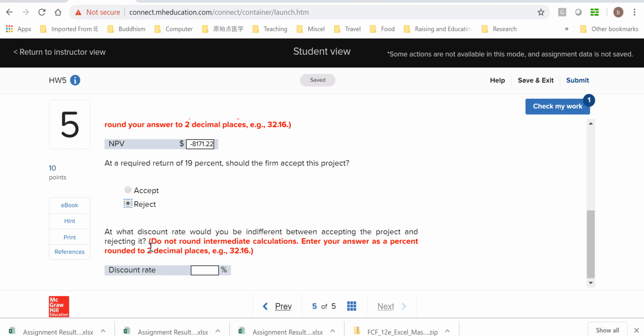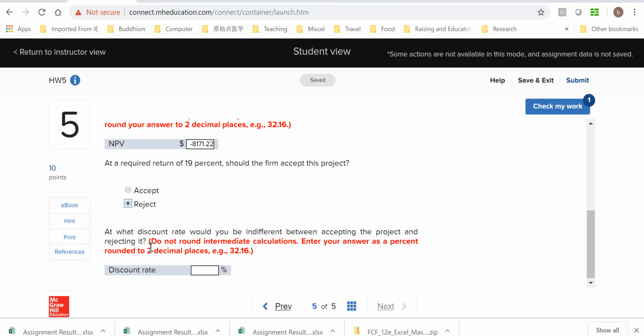If a firm is indifferent between accepting and rejecting a project, in terms of NPV, what does that say about the value of NPV? If NPV is positive, then the firm should accept this project. And if NPV is negative, then the firm should reject this project. So the only situation that the firm is indifferent between accepting and rejecting the project is when NPV is exactly 0.